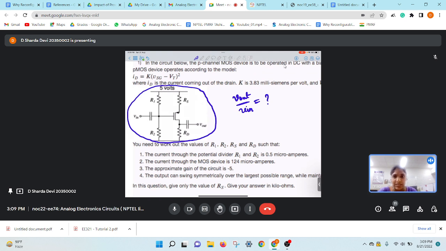You can start solving. Since we are going for AC analysis, you have to perform small signal analysis and let me know the small signal gain. Okay. So you try till 3:50 and let me know.